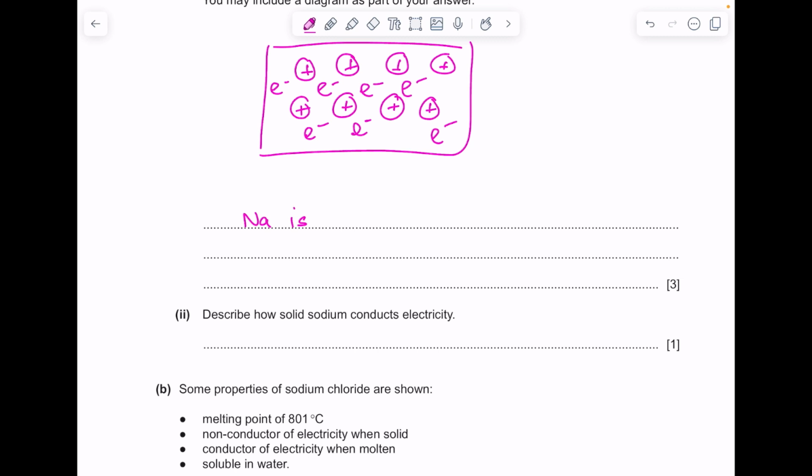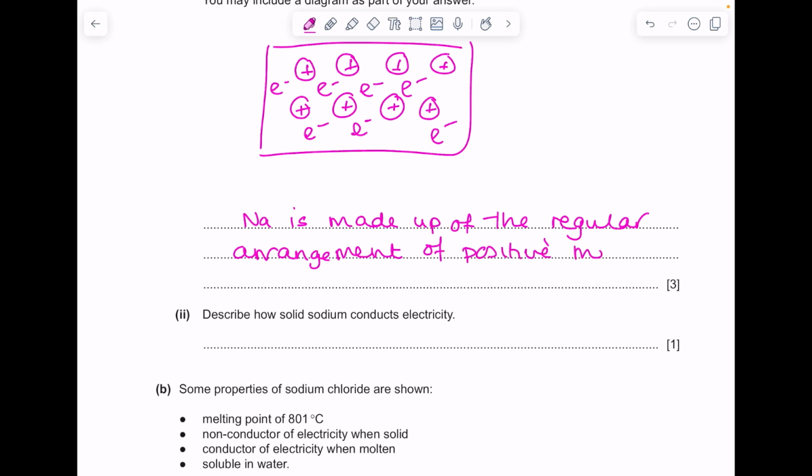So sodium is made up of the regular arrangement of positive metal ions surrounded by a sea of delocalized electrons.